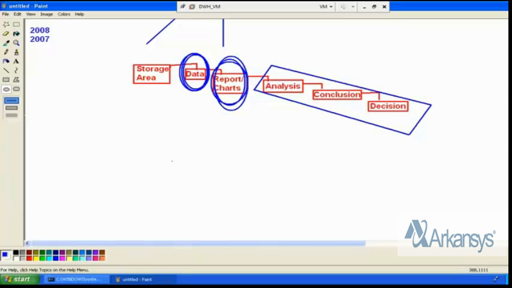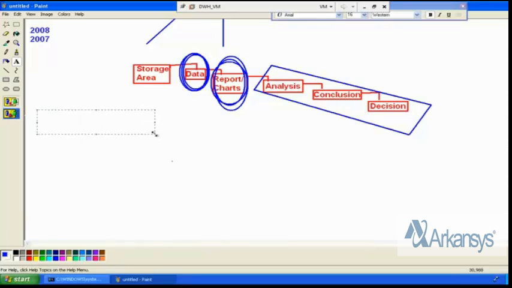Data warehouse is a concept which talks about 4 principles.